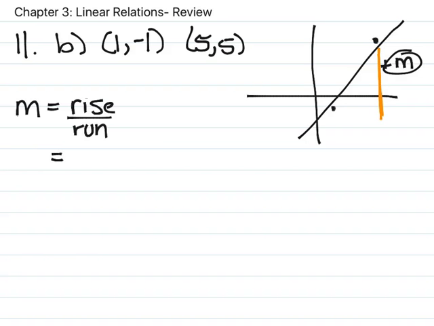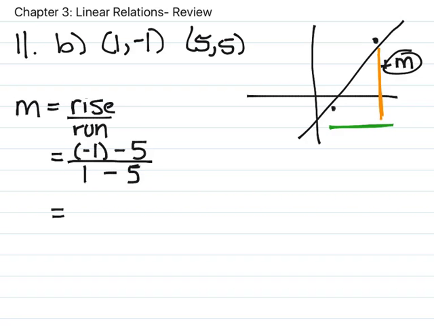So you're going from -1 all the way up to 5. And then for your run, you're going from 1 all the way over to 5.